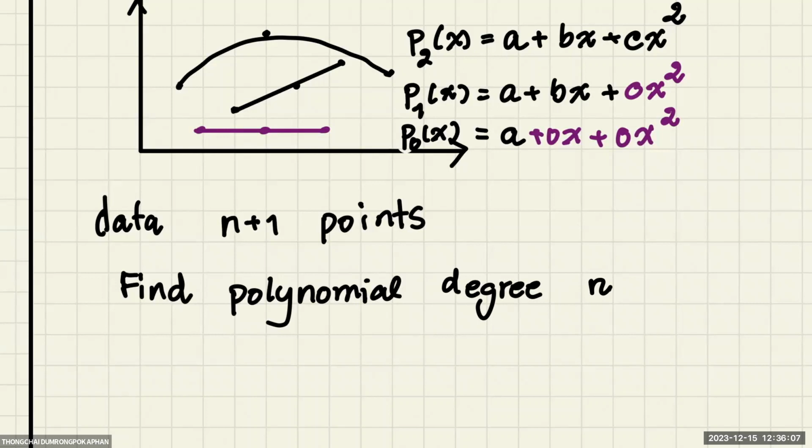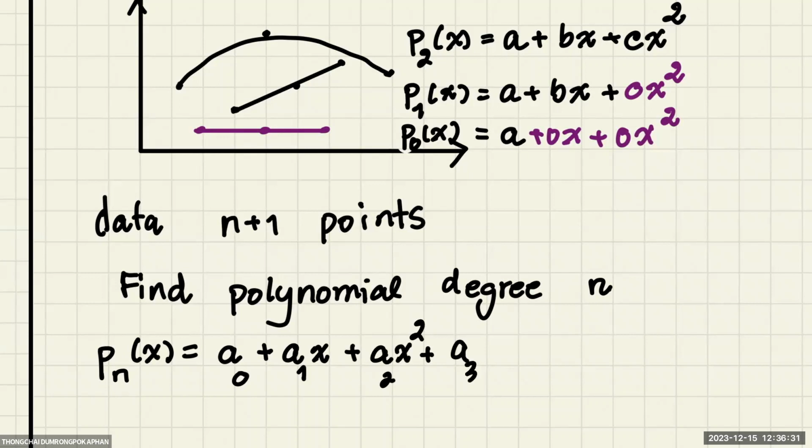The standard form, which people normally know for polynomial degree n, uses A0 instead of a, b, c, and d: A0 plus A1 x to the power 1 plus A2 x squared plus A3 x to the third and so on, plus An x to the n.